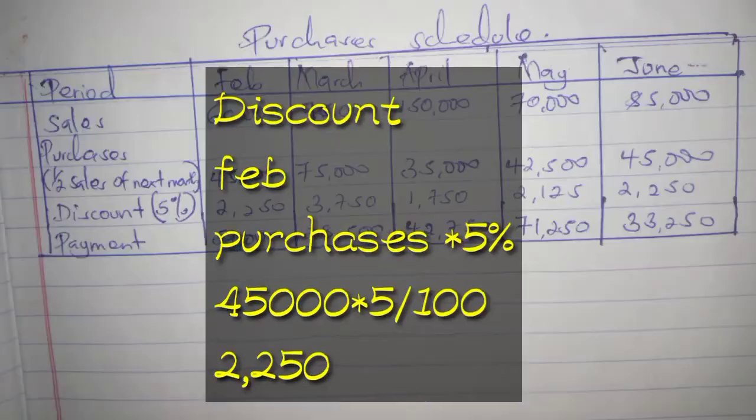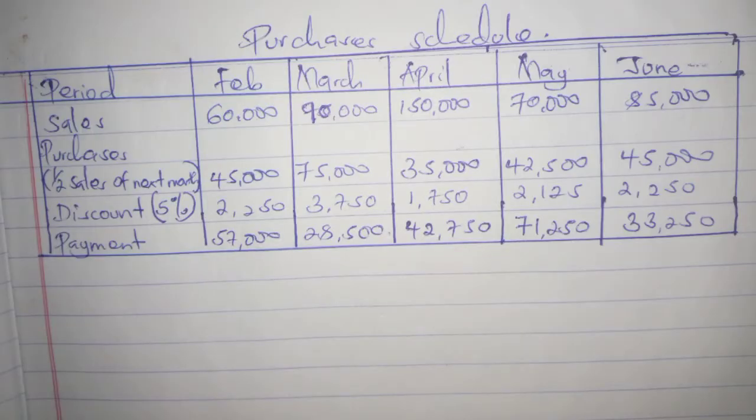But they said the company is to pay creditors 2 months after the purchases. Therefore, the total of Feb will be paid after 2 months, that is Feb and March. Therefore, the total of Feb will be paid in April. The figures of March will be paid in May. The figures of April will be paid in June, like that.